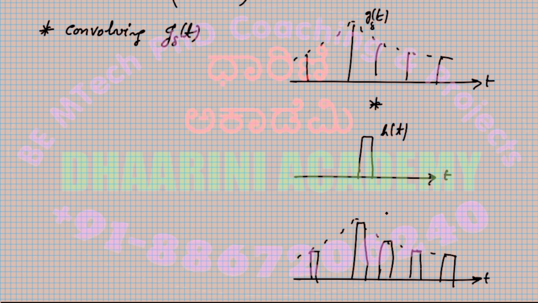So this will be our s of t. Anyway, you don't have to write this, this is for your reference. But what I write here is convolving the g delta of t with h of t. So h of t is just defined, and we are trying to convolve that. I'll write here, that is the g delta of t convolution h of t.